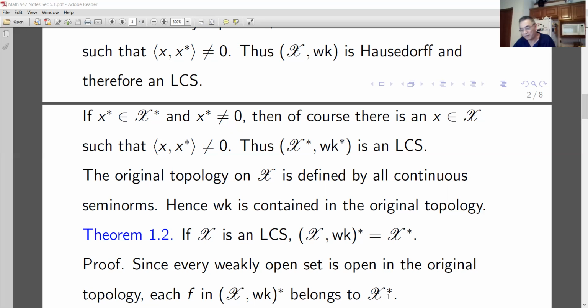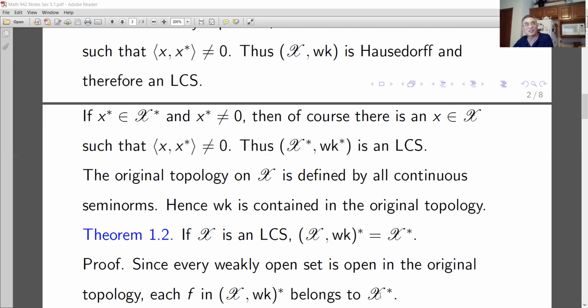Our goal is to prove these two sets are the same. Each f here belongs to X star, so this set is contained in X star.